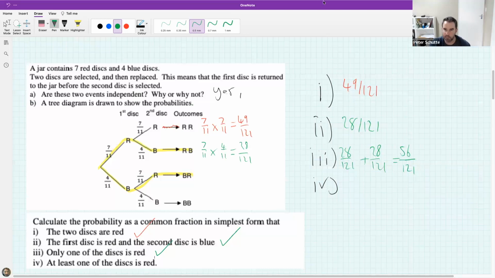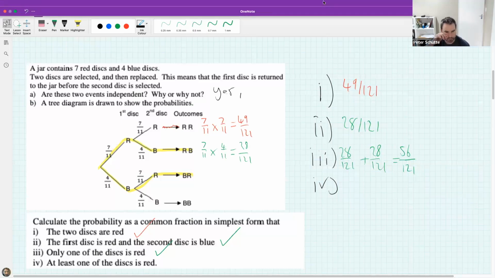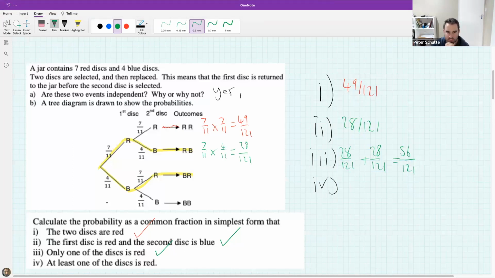Let's try and do the last one, number 4. At least one of the discs is red. Is one of the discs red in this path?